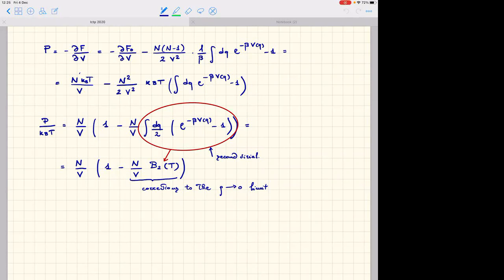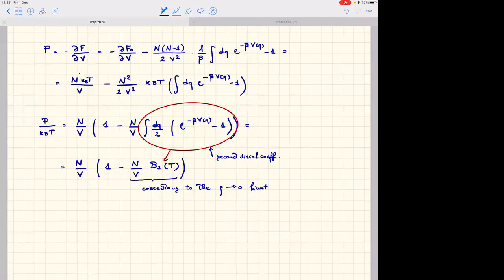Professor, what did you write, the second virial? Second virial coefficient. All right. And you also said that this correction N over V times B2 should be dimensionless, right? Yes, of course, N over V times B2 should be dimensionless.